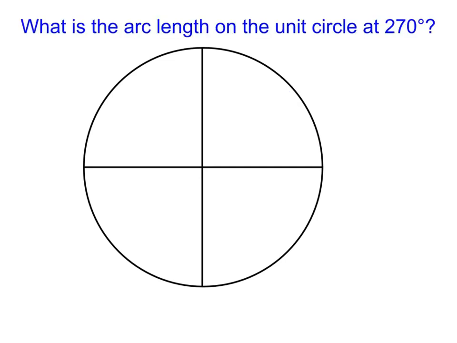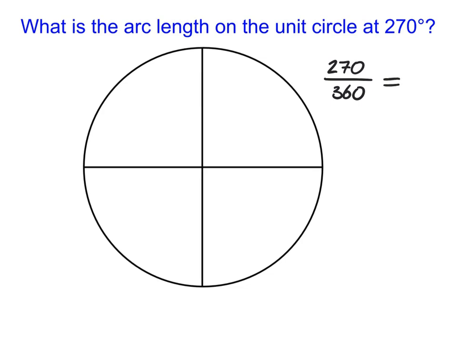And so now with that idea kind of established, and we're going to keep coming back to it as we go forward, I want to do one more of those problems where we find the missing arc length. Just this time, I'm actually going to set it up using some of this vocabulary. So first of all, in general, what we want to do is we want to take our number of degrees and put that over 360.